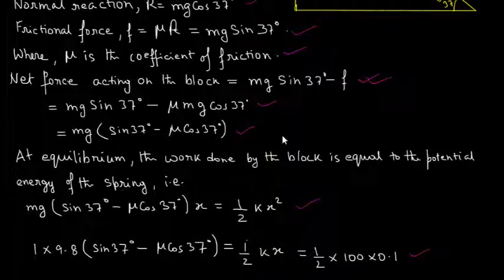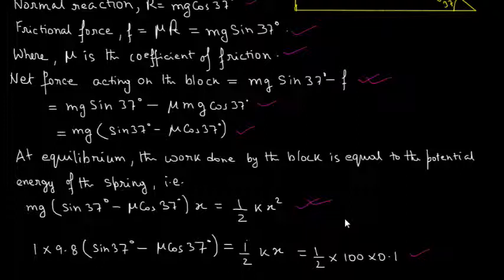At equilibrium, the work done on the block is equal to the potential energy of the spring. mg bracket sine 37 degree minus mu cos 37 degree bracket close, multiplied by x, is equal to half kx square.